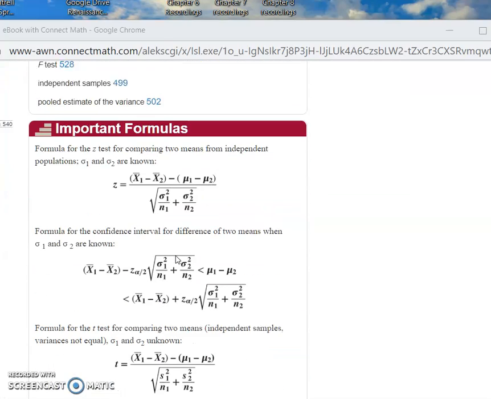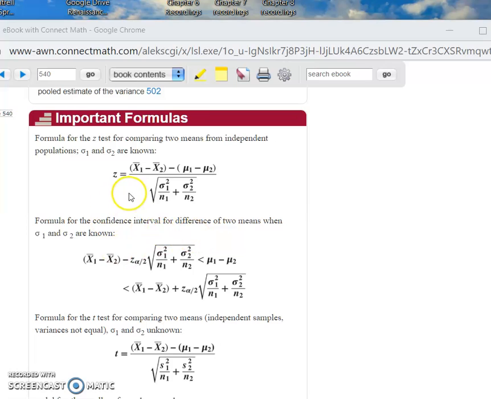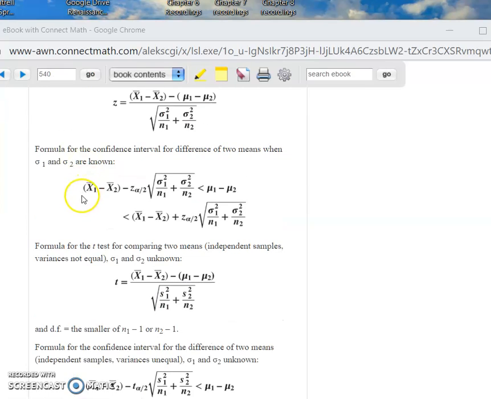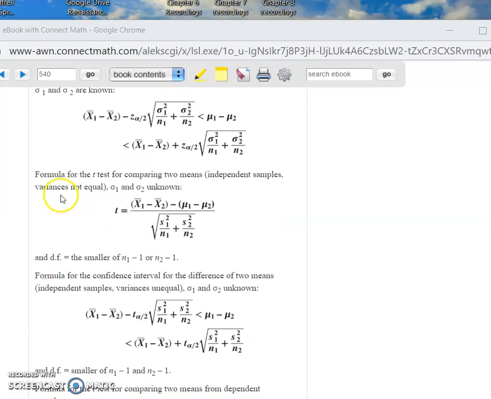Well, here are the formulas, and as you can see, we're going to have a z-test if we're comparing two means, independent populations, and the sigma. So that sounds very similar to what we did in Chapter 8. This is talking about confidence intervals. Now here we have the t-test.